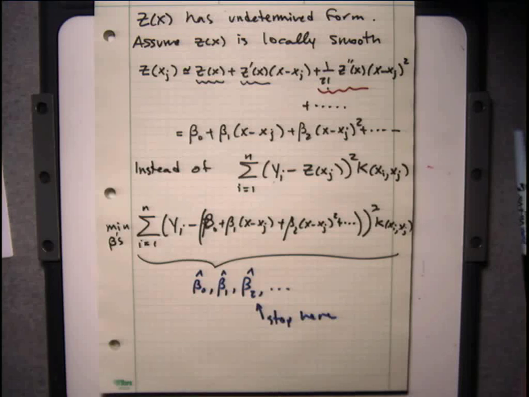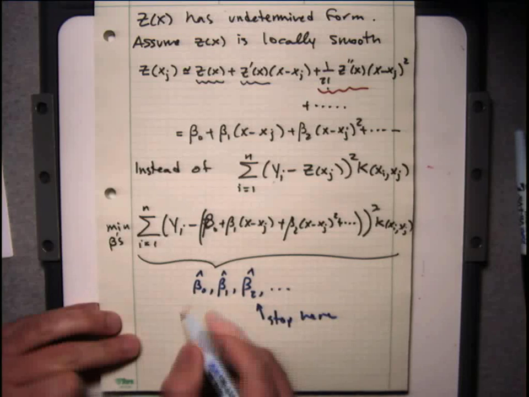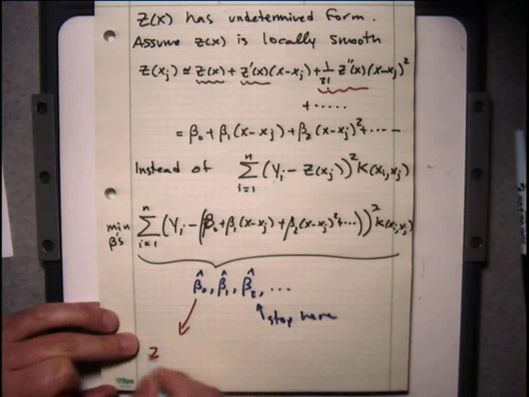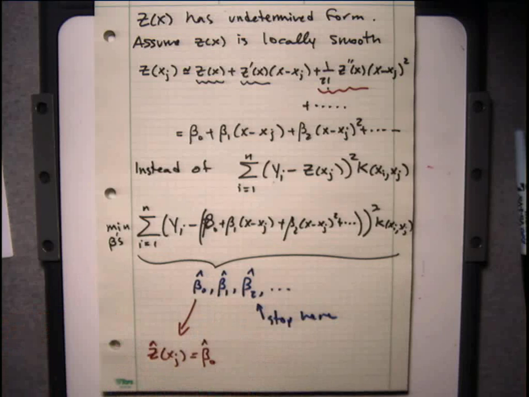Okay? So then your estimate simply becomes z hat of xj equals beta 0 hat. Okay? And you can then ignore the rest of these numbers, which then probably elicits the question, then why'd you bother with this? If you're going to throw away these other coefficients, why do you bother?